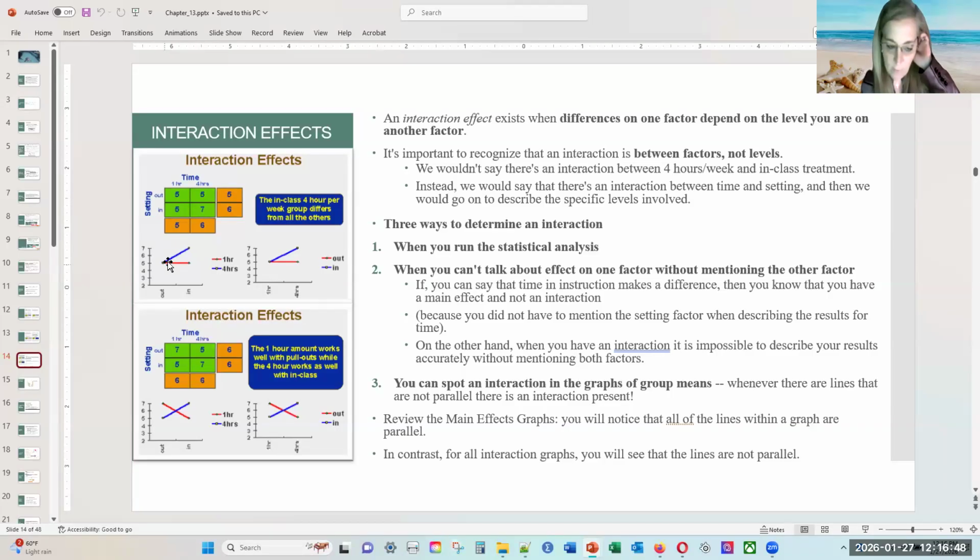So we have the same means for out of class as well as time in instruction, but they're different if it's spent in class when compared to whether they spent 1 hour or 4 hours, right? You have much different outcomes when more time is spent in class.